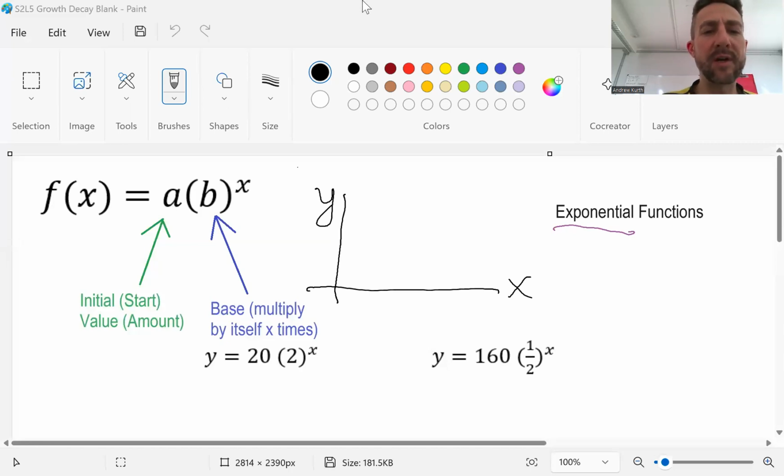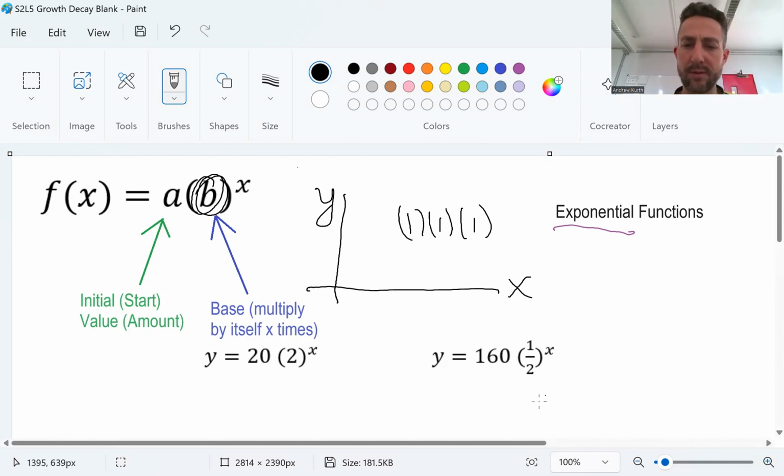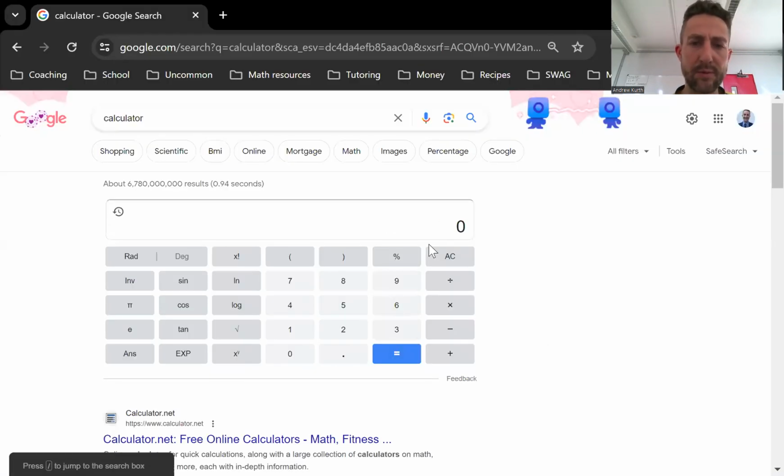The last thing I want to talk about is different kinds of bases and what will happen to these bases as we multiply them. So let's just imagine that the base was 1, and we're just multiplying 1 times itself over and over again. One times 1 is going to be 1, times 1 again is going to be 1.